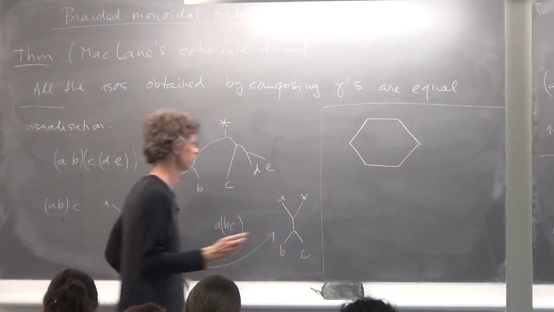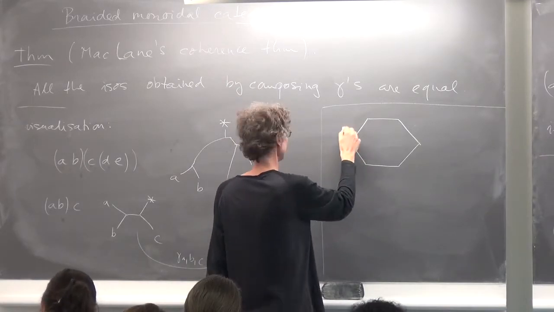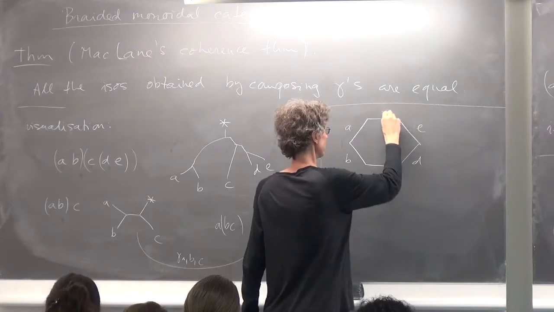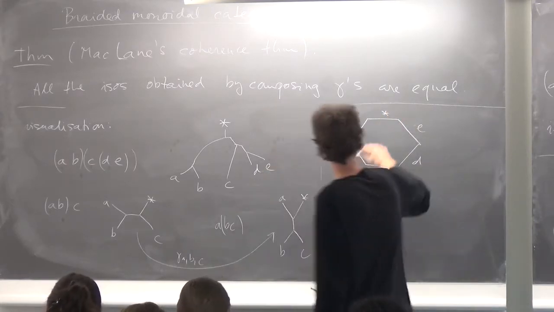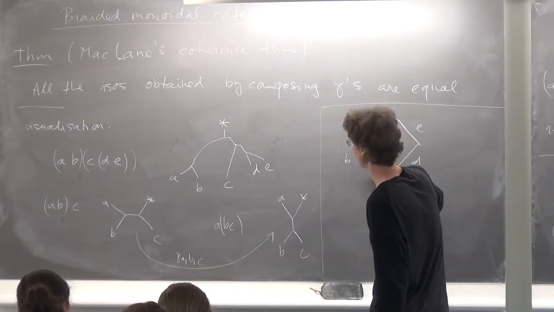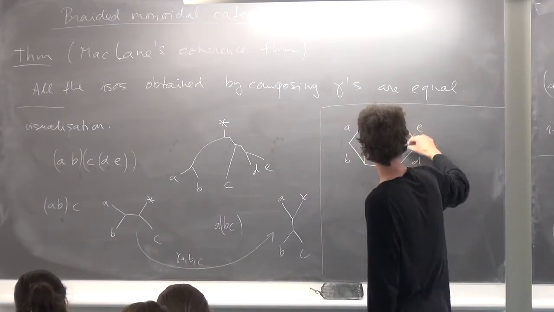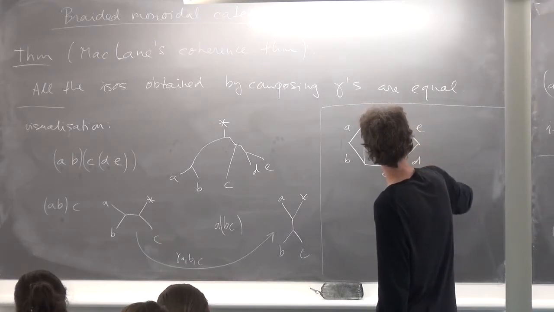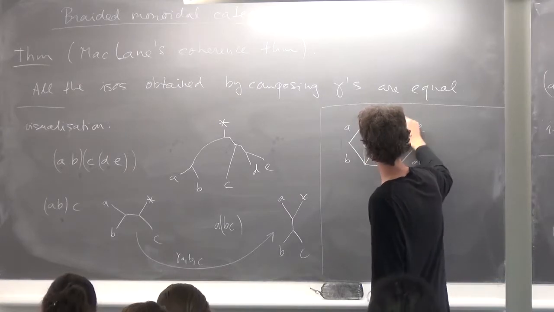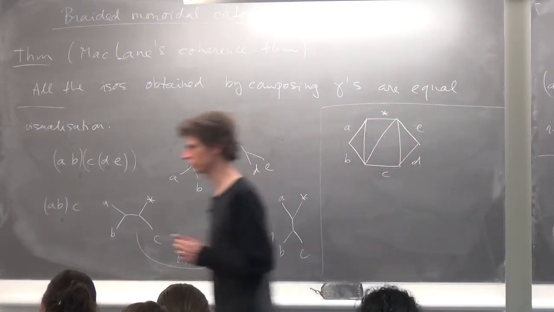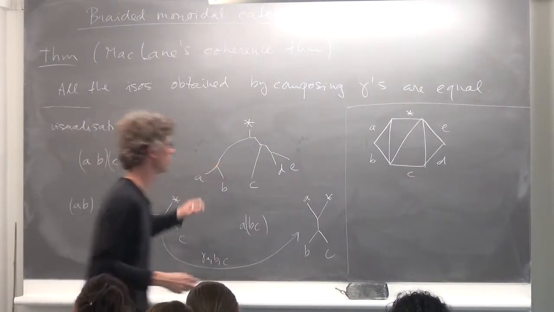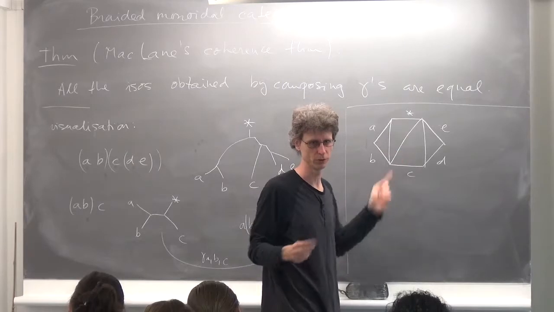There are 6 letters altogether: A, B, C, D, E, star. And now if we go from like this, A is multiplied with B. Now D with E, and now this DE thing is multiplied with C. That's the thing. And how it fits with this first visualization, you just draw the dual graph to this thingy.